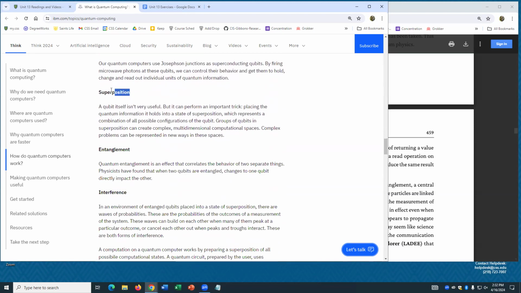Here are our three key terms. So superposition. Basically, this talks about the fact that these qubits are complex in that we look at them in terms of complex numbers, and they're really in this multidimensional computational space.